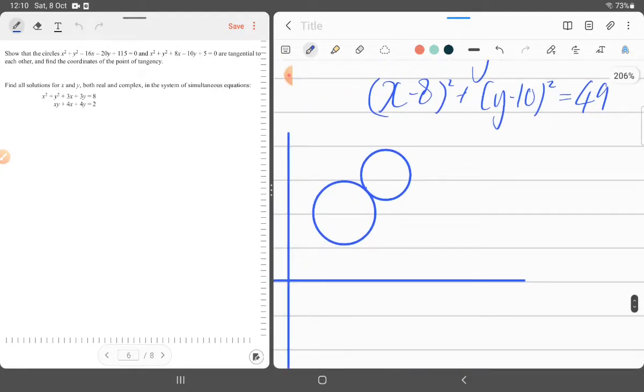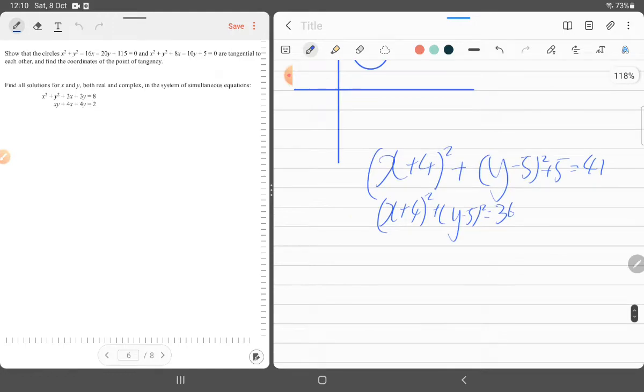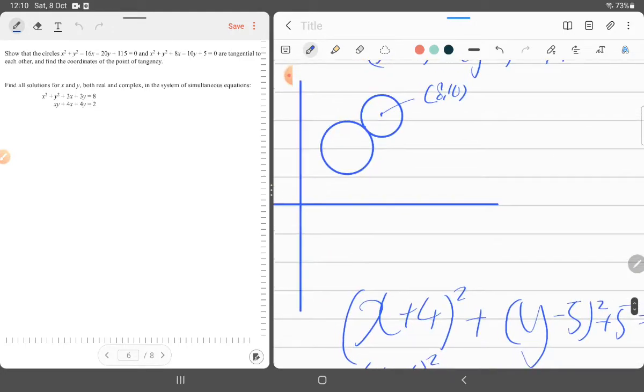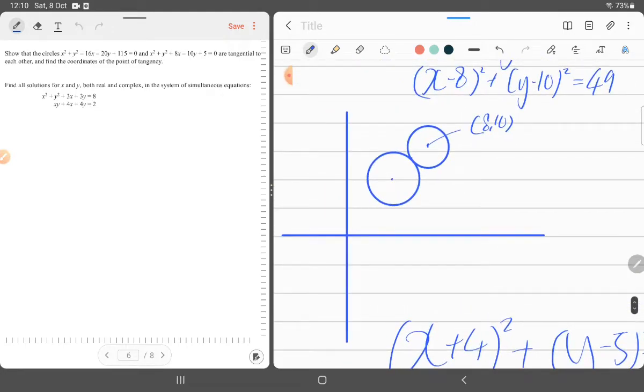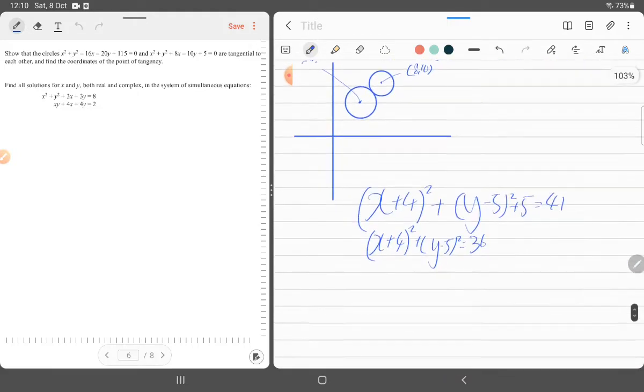So this is 8, 10, and this is negative 4, 5.